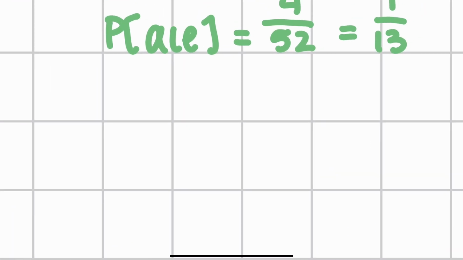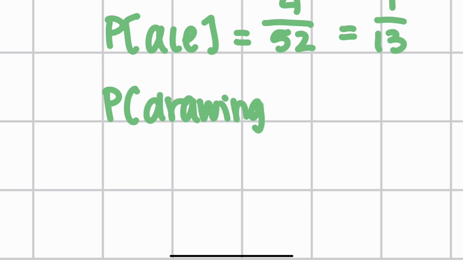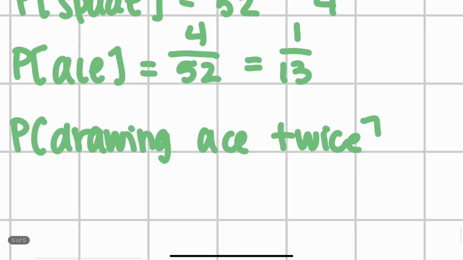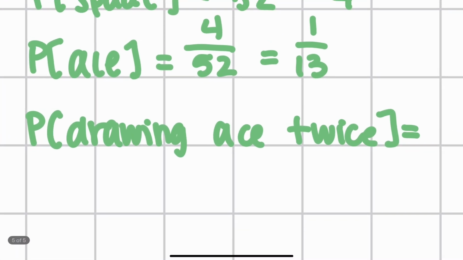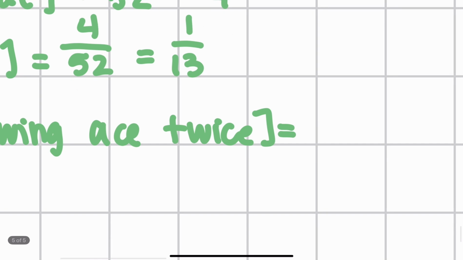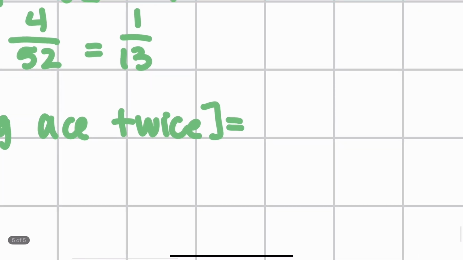Now let's look at the probability of drawing an ace twice in a row. And when I say twice in a row, I mean in succession. So we're looking to draw 2 cards from a deck without replacing them, and we want both of them to be an ace. So we've already found the probability of drawing an ace first is 4 out of 52.